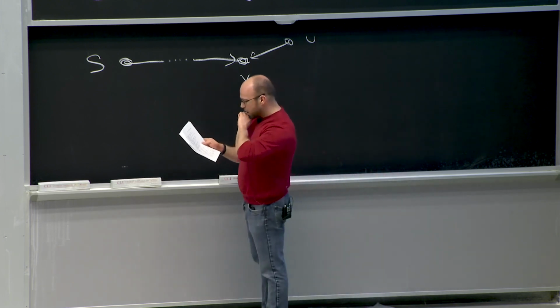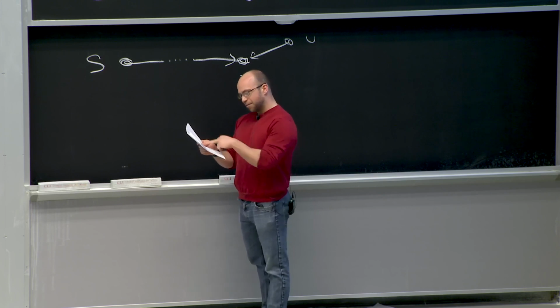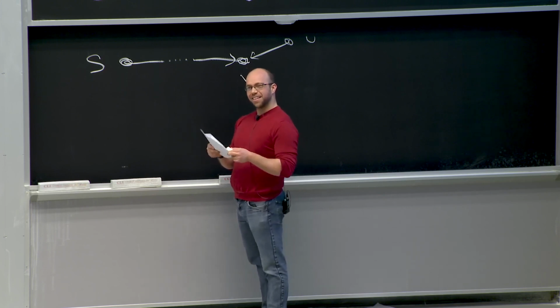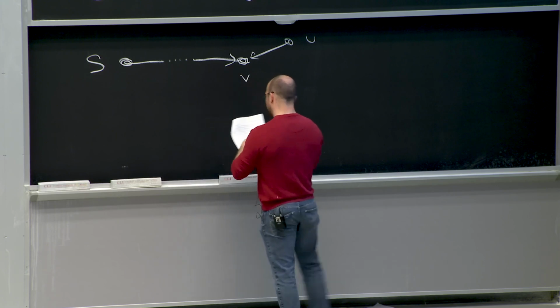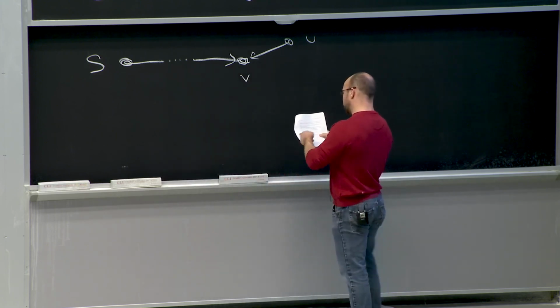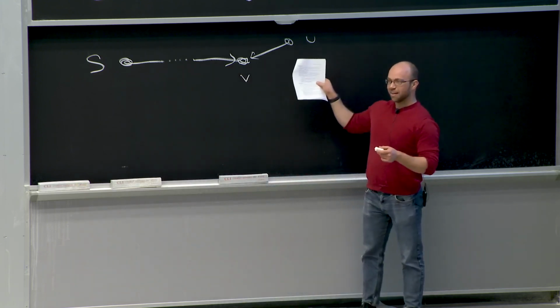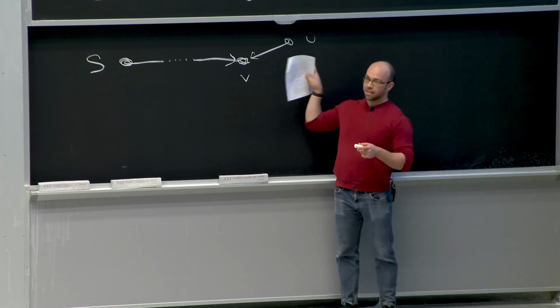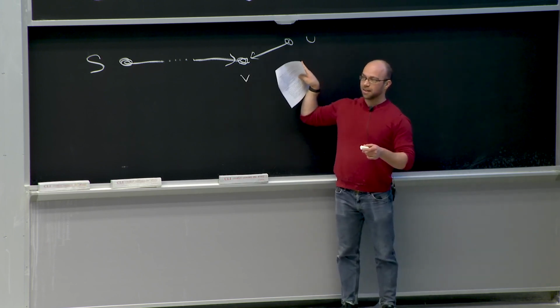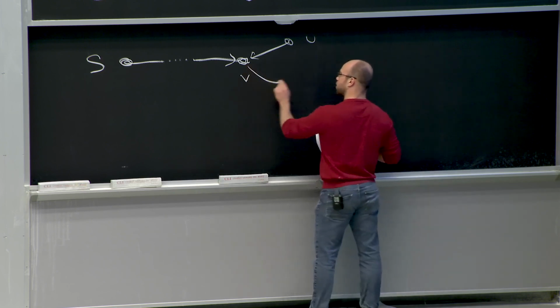Okay. So what do we know? We know that our graph is acyclic. Kind of by definition, that's our assumption. So can we reach U from V? In other words, does there exist a path from V to U? So that would look like this.